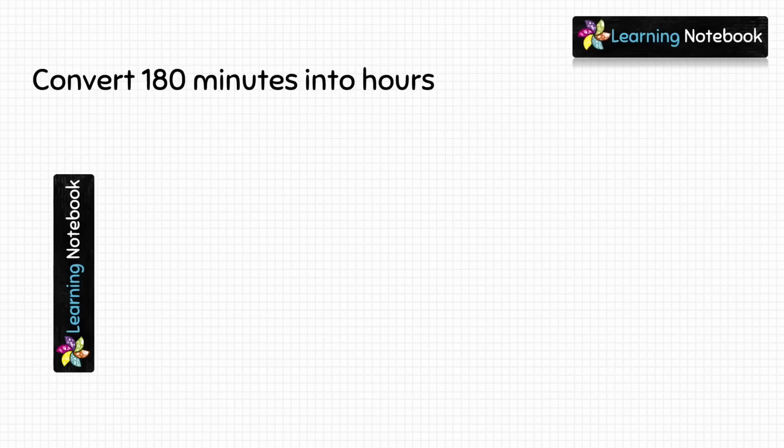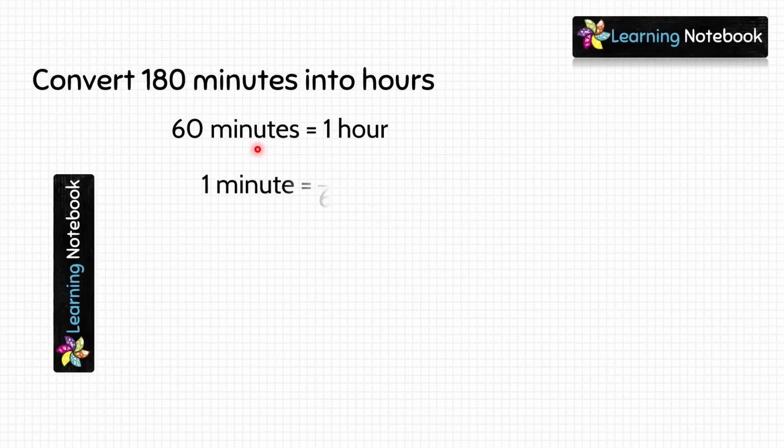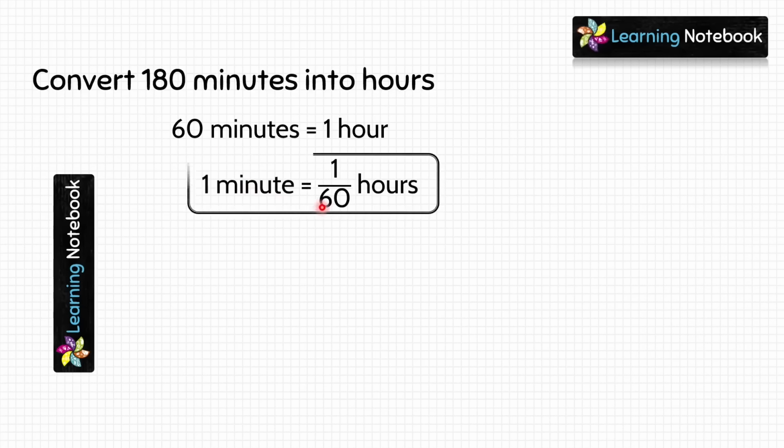Next question is, convert 180 minutes into hours. So students, here we have to convert minutes into hours. We know 60 minutes equals 1 hour. So 1 minute equals 1 upon 60 hours.